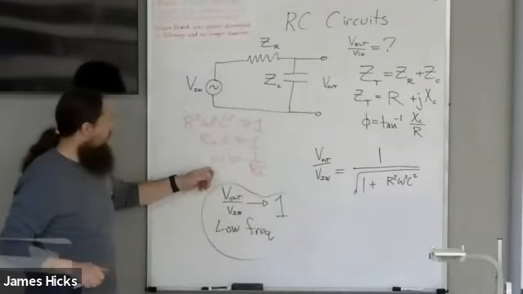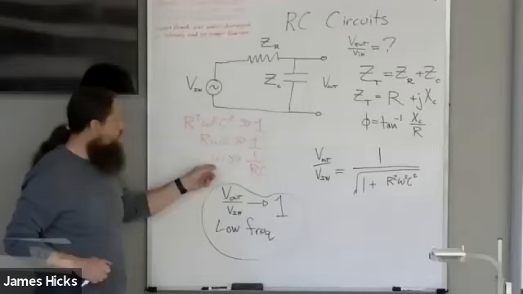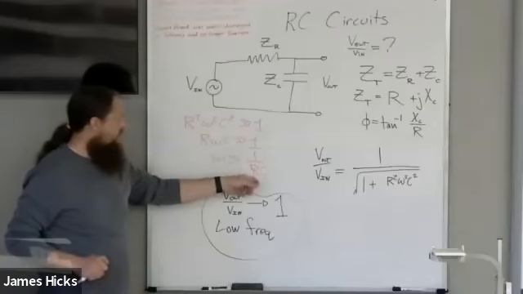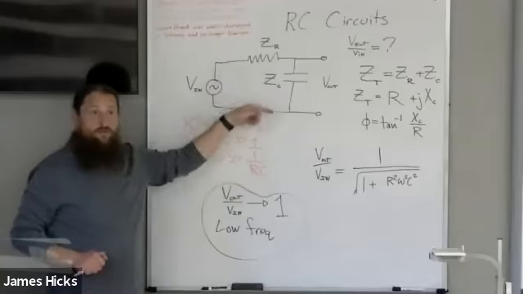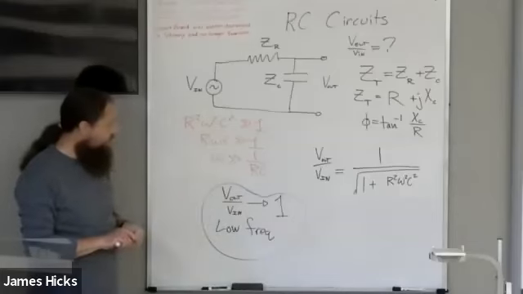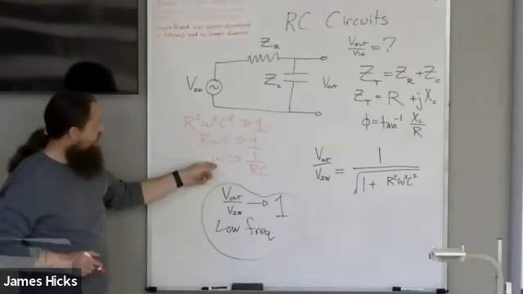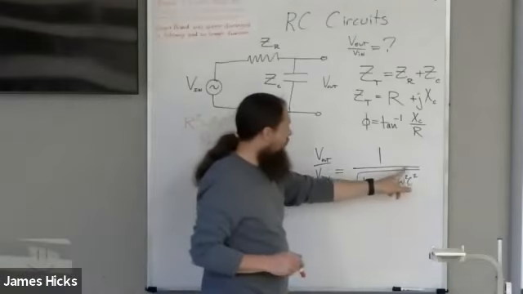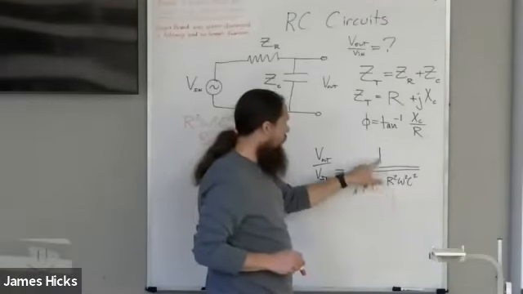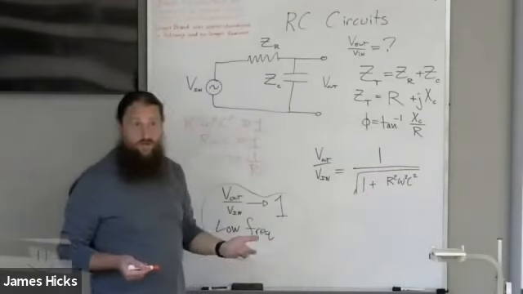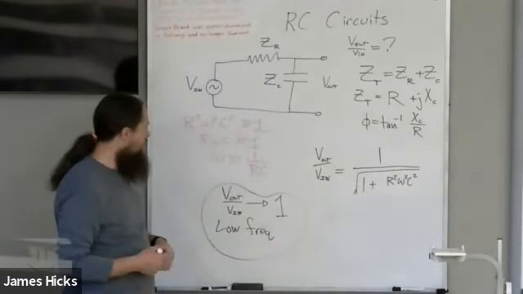So that means that our frequency omega is much bigger than the natural frequency of the circuit. When you're at these high frequencies, this is a big number here. So we're looking at 1 over a very large number.